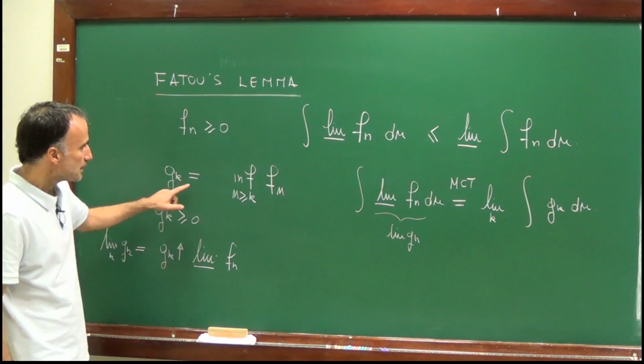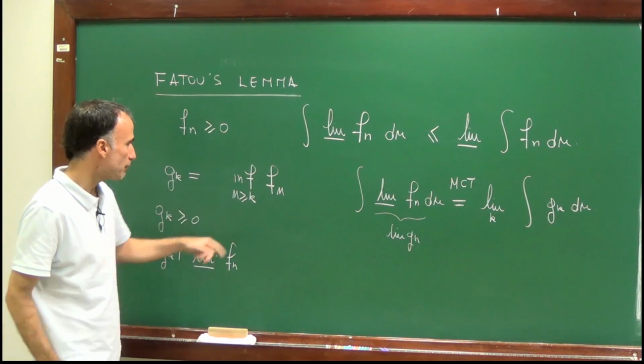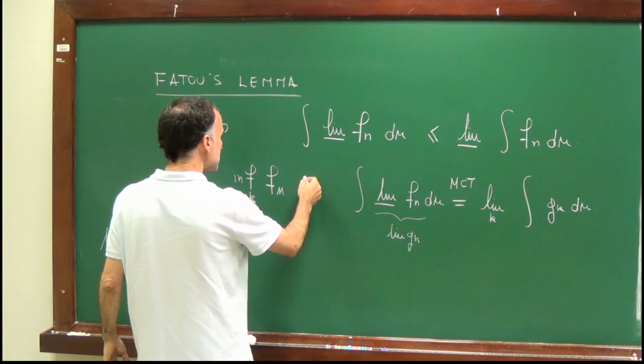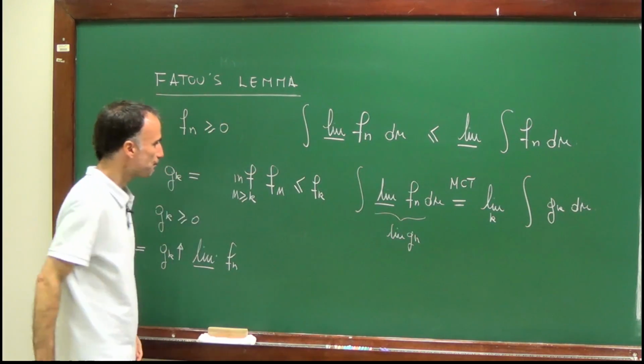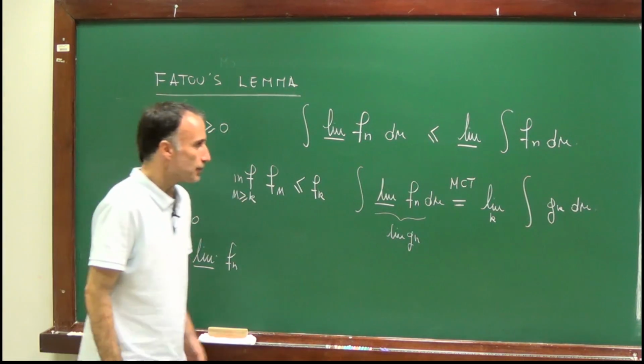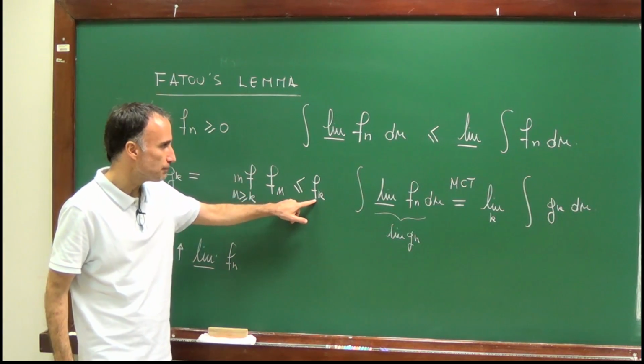But gk is defined as the infimum for n larger or equal than k of fn. So this infimum is clearly less or equal than fk. And therefore, the integral of gk is smaller than the integral of fk.